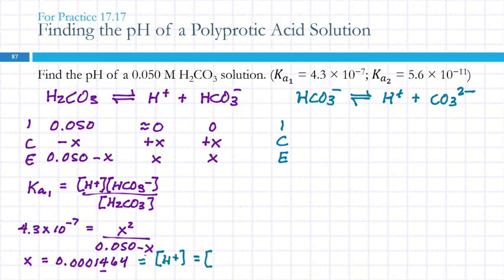It's also equal to the HCO3 minus concentration. And we found what X is, so we can write that into this new table. So those are the initial concentrations of hydrogen ion and hydrogen carbonate ion. This is different than what we've done before. Is everybody okay with why?